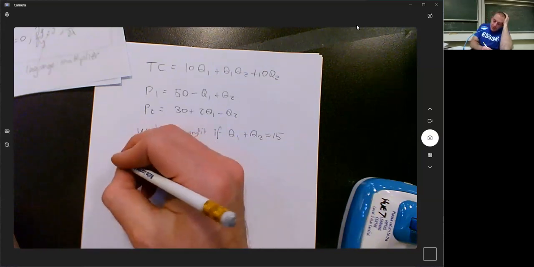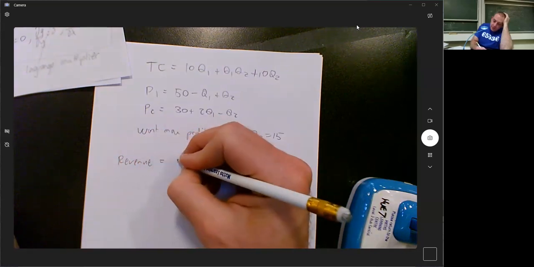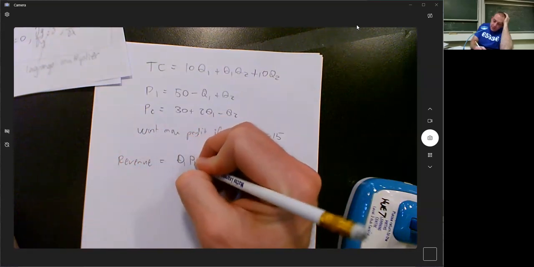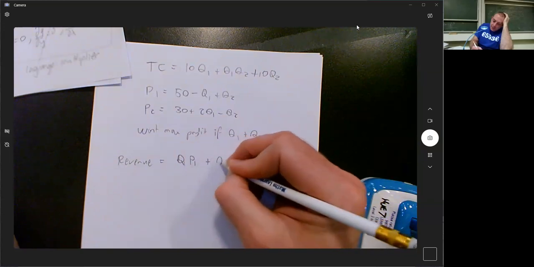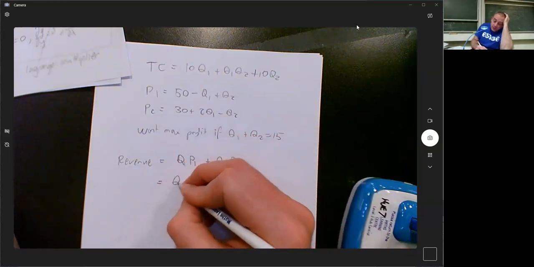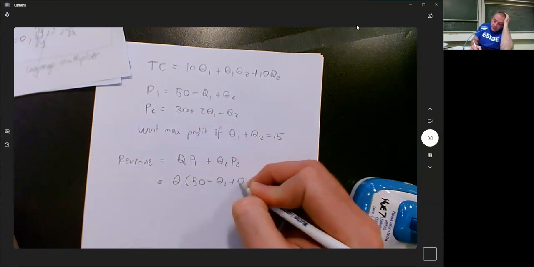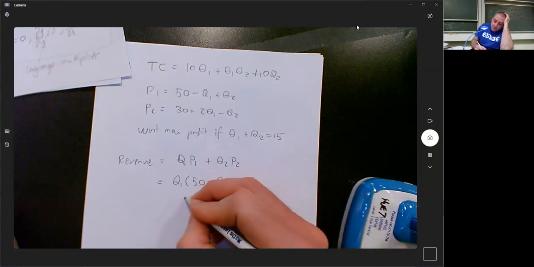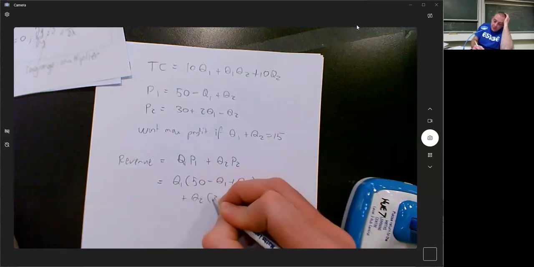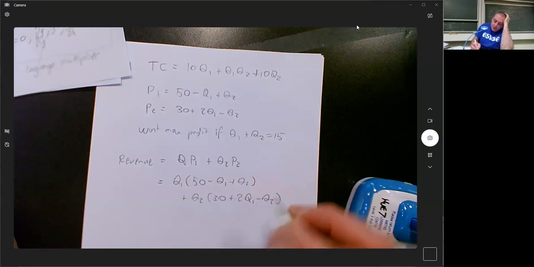And so the revenue will be quantity 1 times price 1 plus quantity 2 times price 2, which will be quantity 1 times 50 minus Q1 plus Q2, plus quantity 2 times 30 plus 2Q1 minus Q2.